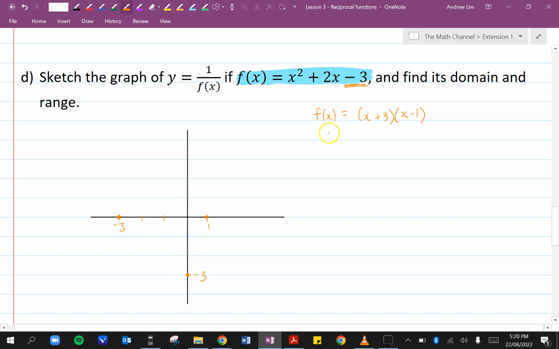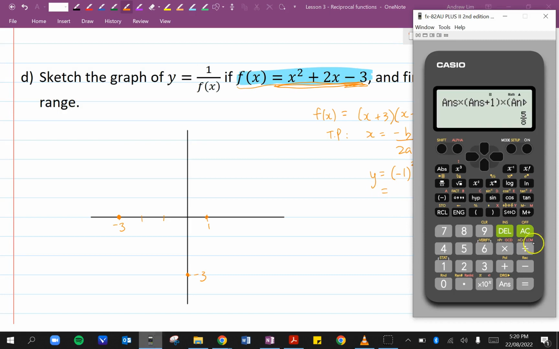And our turning point, the x-coordinate is equal to minus b over 2a. So we're going to look back at this fully expanded equation. Minus b will be minus 2 over 2 lots of a, which is just minus 1. So when x is minus 1, y is going to equal minus 1 squared plus 2 lots of minus 1 minus 3.